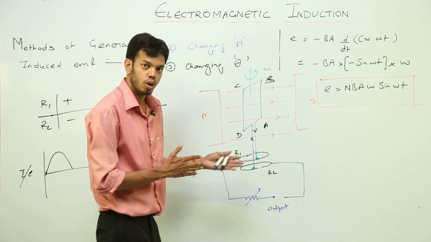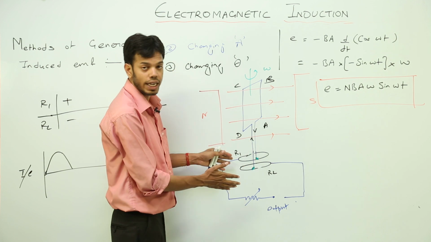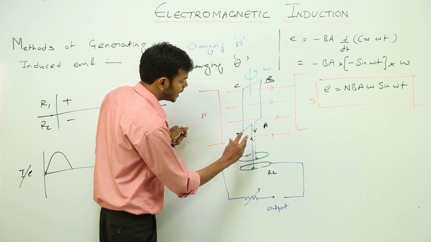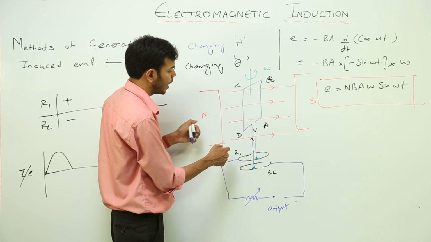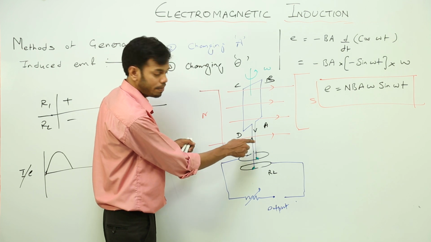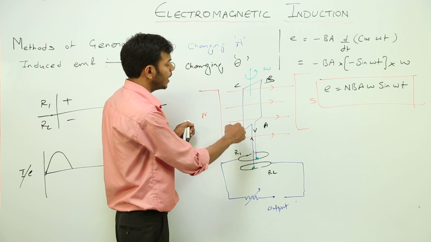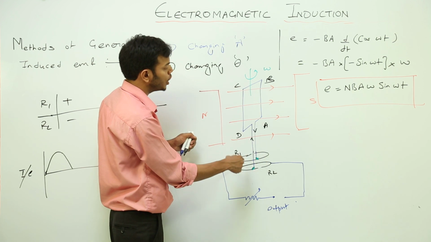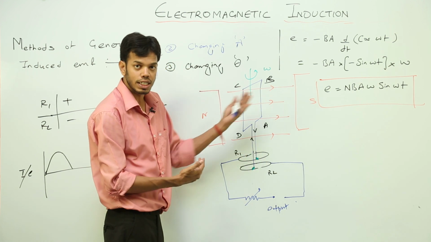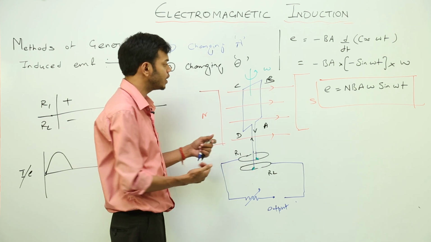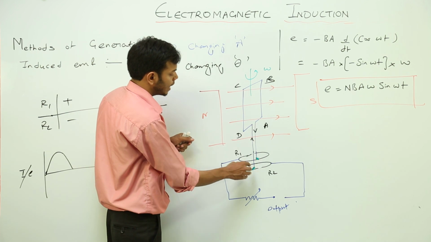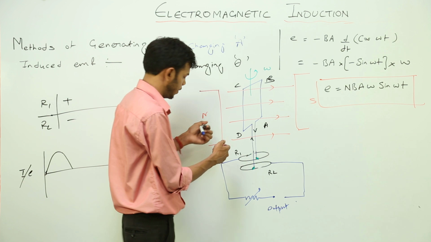The point to notice is that this time current is flowing from R2 to R1 because the direction of current remains the same, which is clockwise, but due to this commutator arrangement, AB and CD have interchanged their positions, due to which current is now flowing from R2 to R1.